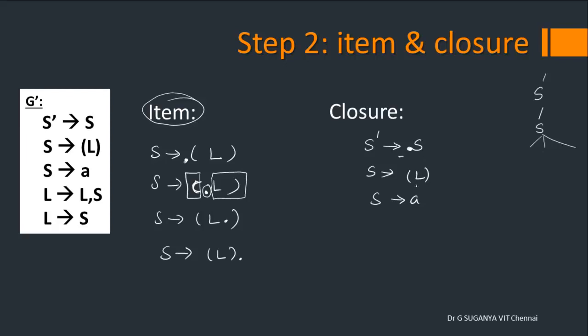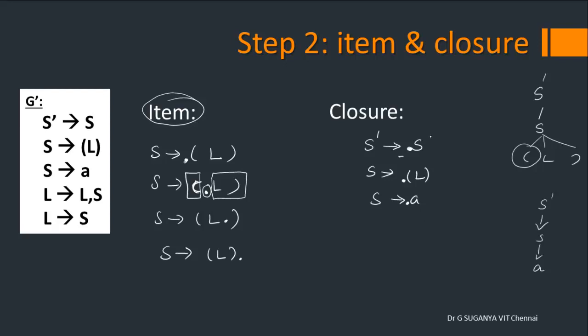Again, if I use this first alternate, it will look like this. What will be the first symbol? That's where the next expectation is, so I'll be putting a dot here. Even if you use the other alternate, S gives a, this is where I'll be looking: a is the next input that I expect on the input stream.